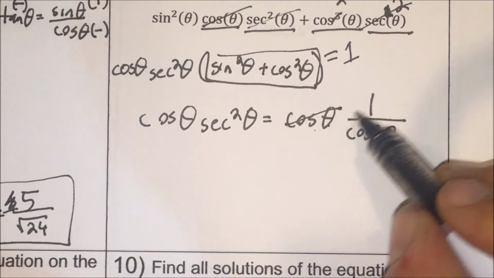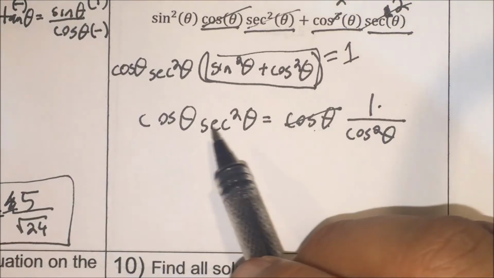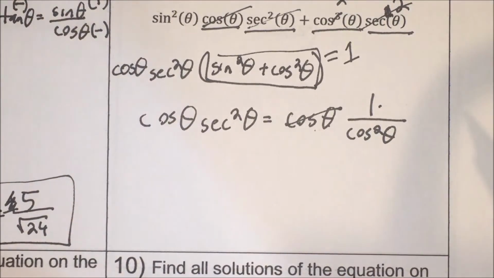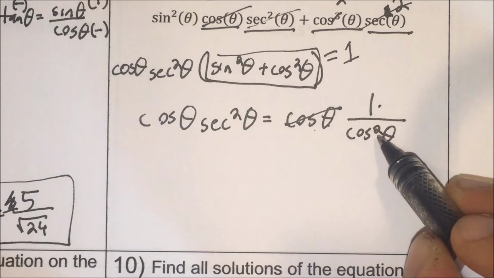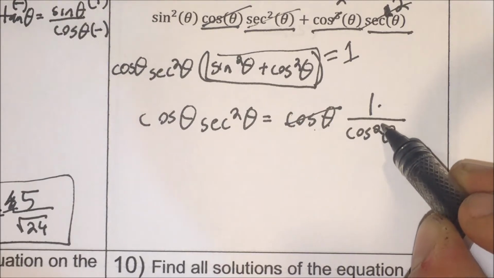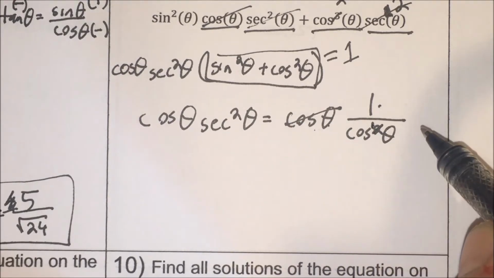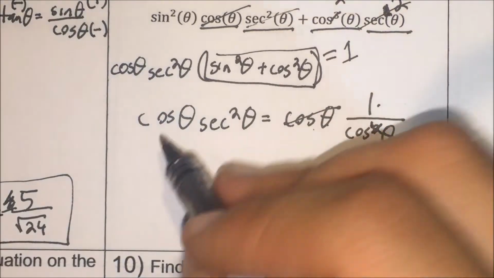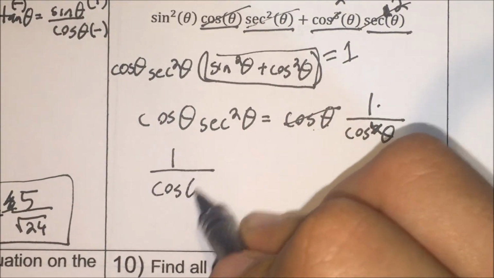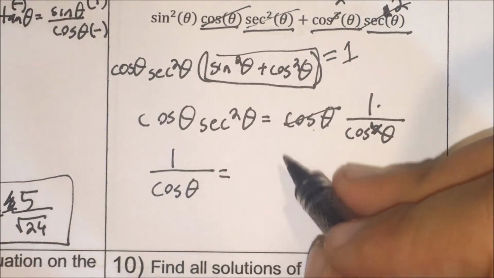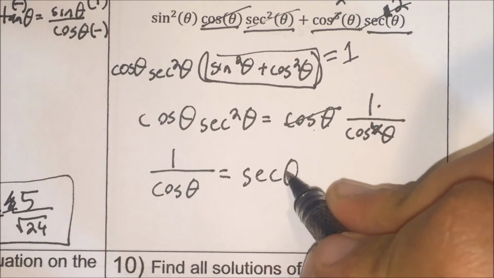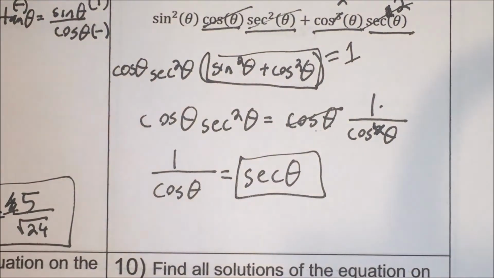If I wanted to, I could say cosine over cosine squared, but I wanted to leave it in the same sort of form. And the 2 at the bottom here cancels with one of those, but we're left with a 1 there. So we're left with a 1 over cosine. But again, whenever we have 1 over cosine, we're going to want to go ahead and turn that into secant. So all of this stuff is actually just equal to a single secant.